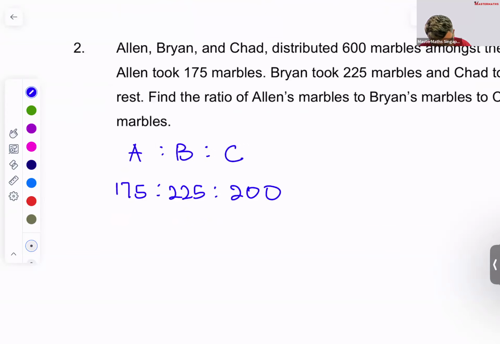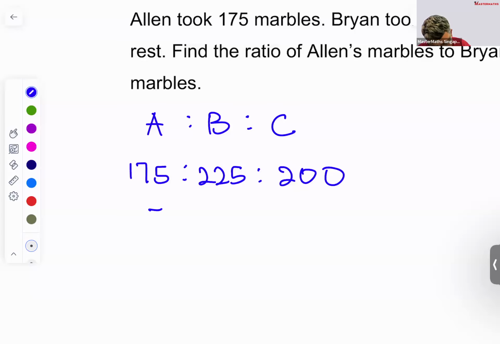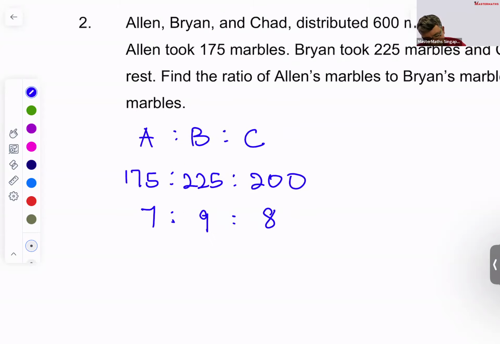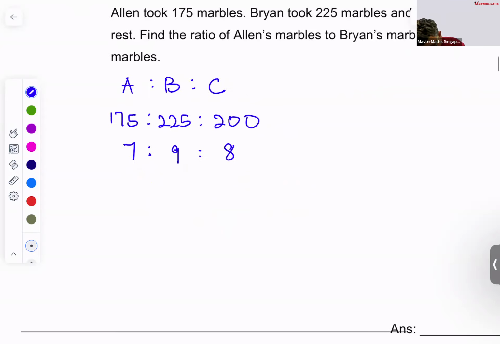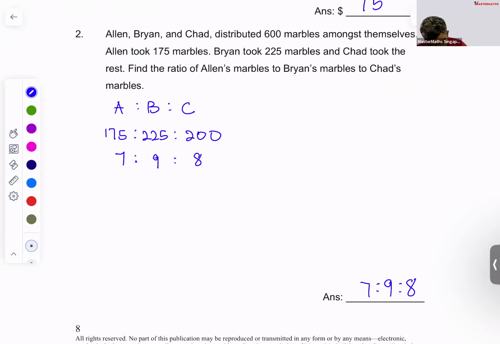So 175 divided by 25 is 7. 225 divided by 25 is 9. Please check your calculator. 7 is to 9 is to 8. Got it?